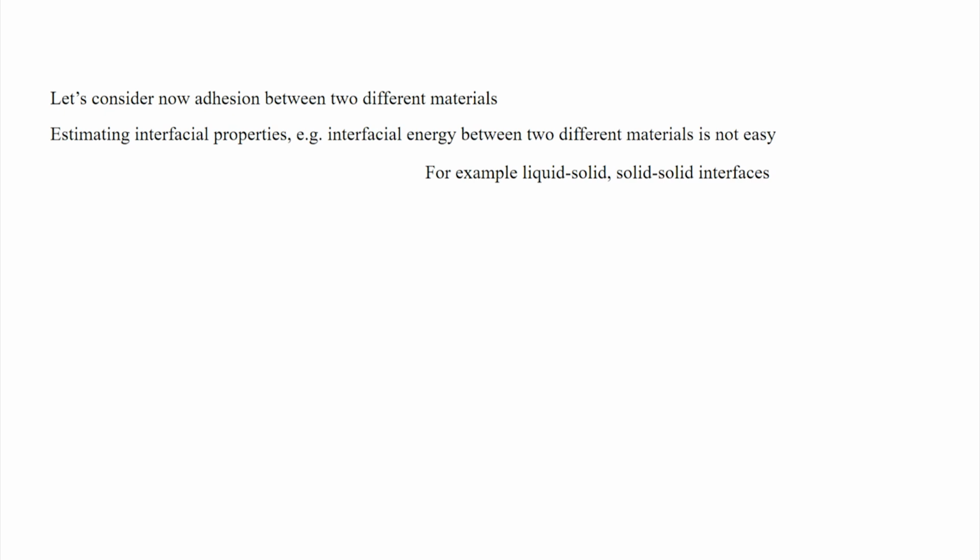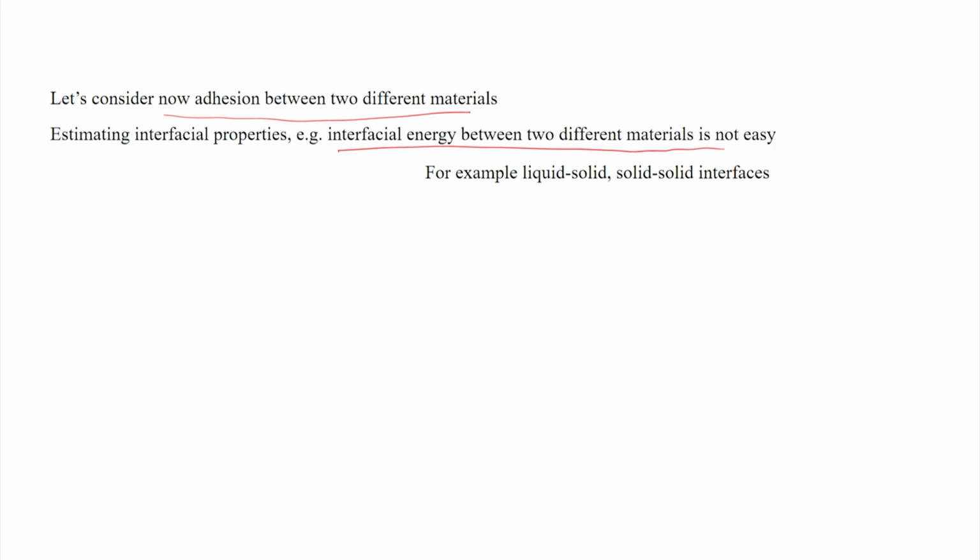Now, that was the same material, 1 1, but let us say we have two different materials. So, you now have 1 2, and then of course, we need to estimate the interfacial energy between these two materials, let us say gamma 1 2. This 1 2 can be liquid-liquid, two different liquids, two different solids, or a liquid and a solid. All of these can be.